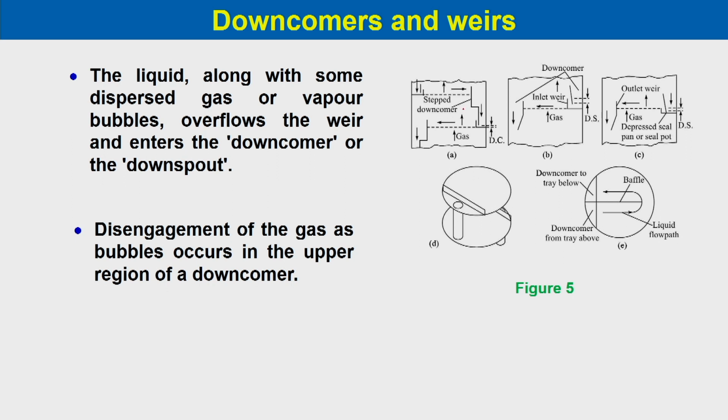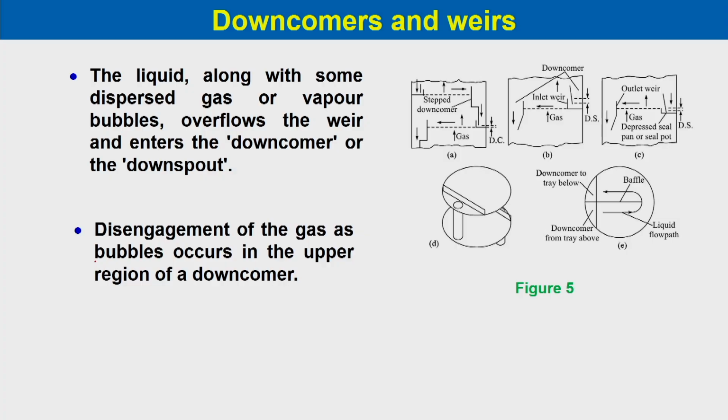So, there is a space which is maintained, we will come to the tray spacing later, and then through the downcomer the liquid flows down with some gas bubbles along with it, and in the upper part of the downcomer there is a disengagement of the bubbles.